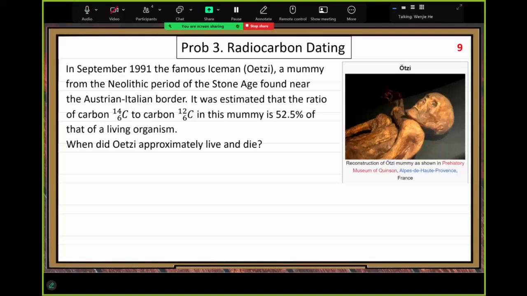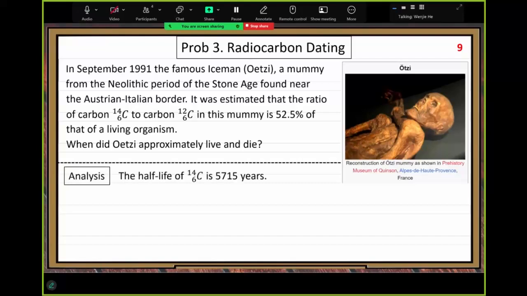So you can treat it as a stable amount, not in decay. But after that person died, there's no recycling. Then it becomes decay. So we calculate from the point the mummy died, when it started decaying. Then we can use the decay model to estimate the time.